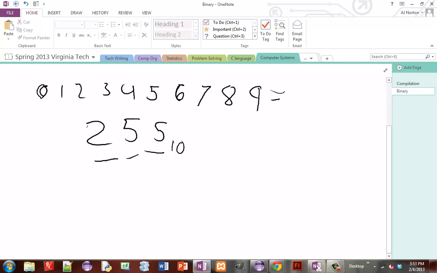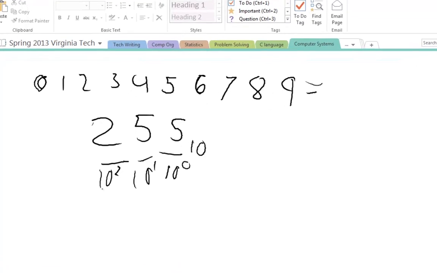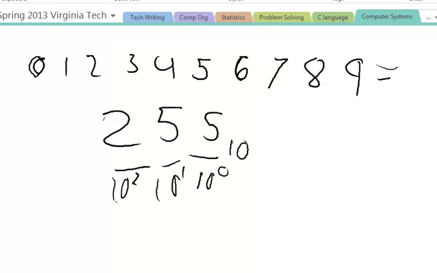So this position should be multiplied by 10 to the 0, this by 10 to the 1, and this by 10 to the 2. The leftmost is the biggest, like in real numbers, and the rightmost is the least. And what we're going to do is add up each of these digits to get the corresponding number, which obviously will add up to 255, but let me show you.